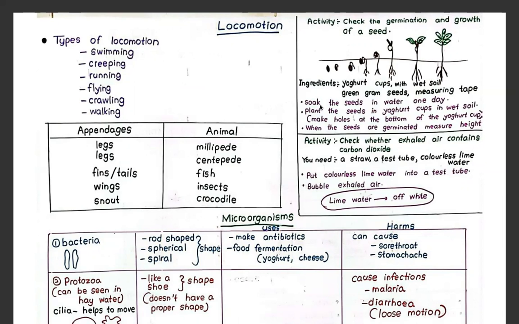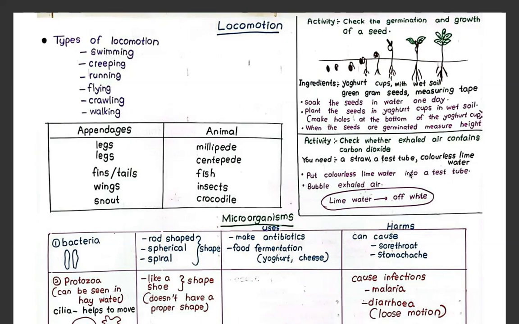You should have wet soil inside the yogurt cup, and you can plant seeds in it. Then you should make holes at the bottom of the yogurt cup. And when the seeds are germinated, you should measure the height. You can measure the height.